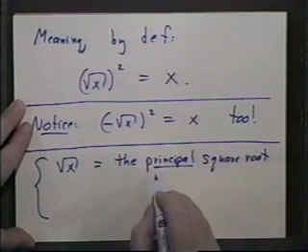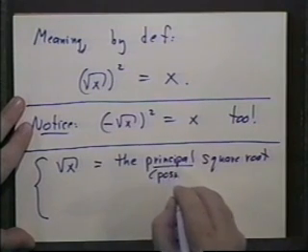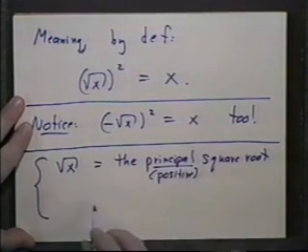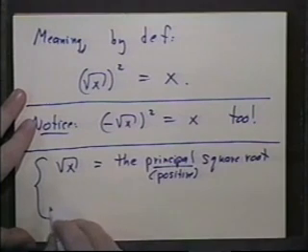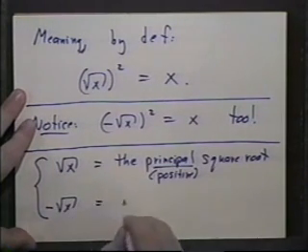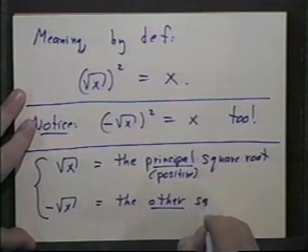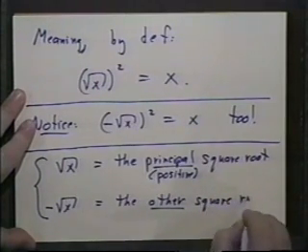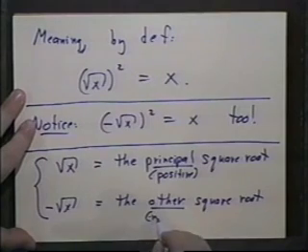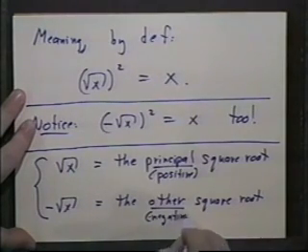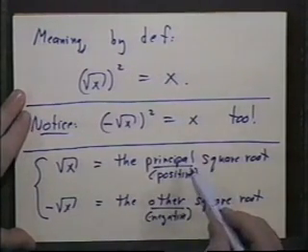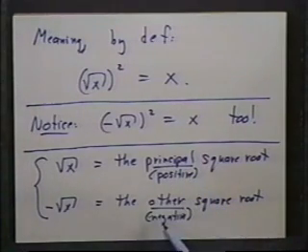Principal means positive here. There may be other square roots. In this case, negative square root of x is the other square root. And this, of course, is negative. So the principal one is the positive one. The other one is called the negative square root.